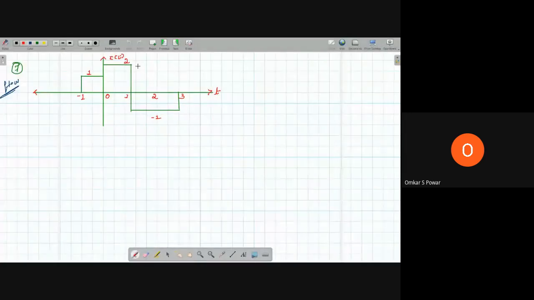Let us do this problem step by step. What is the first step you have to do? First, you have to write the mathematical expression.